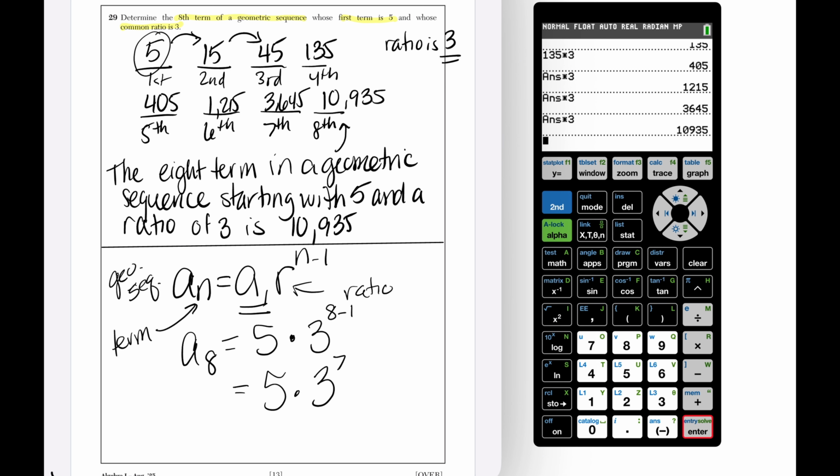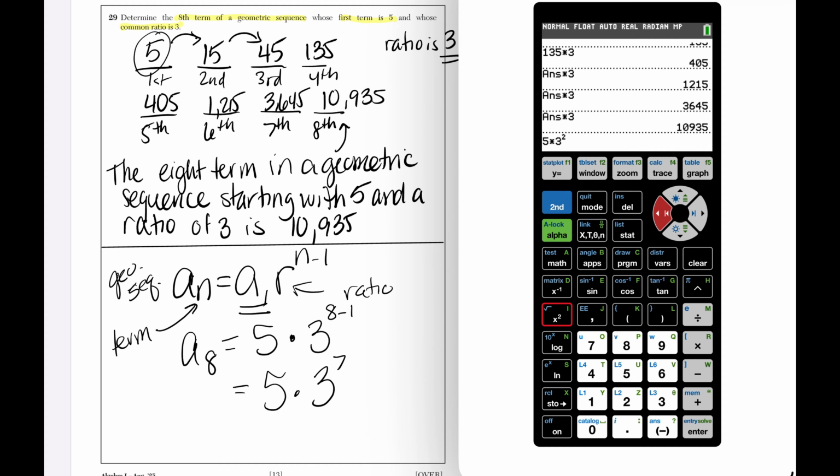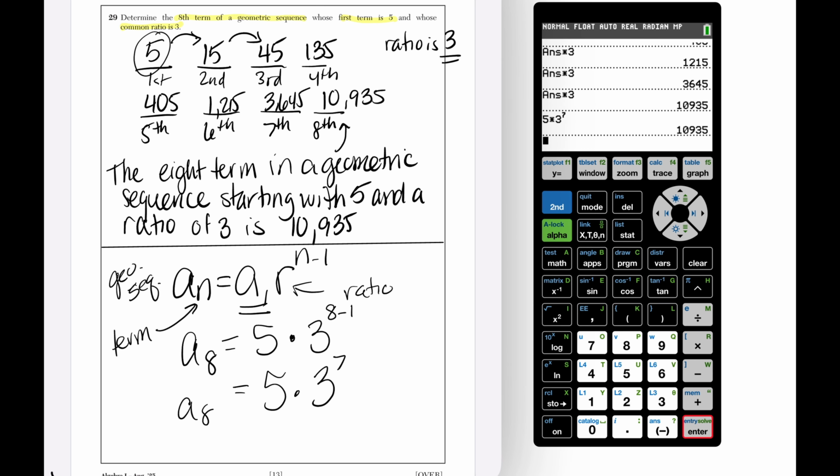And we can do that just on our calculator. 5 times 3 to the, in this case I want to change this to the 7th power. Hit enter and you're going to get the same thing. 10,935.